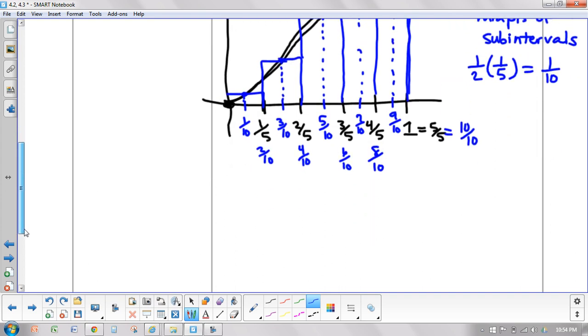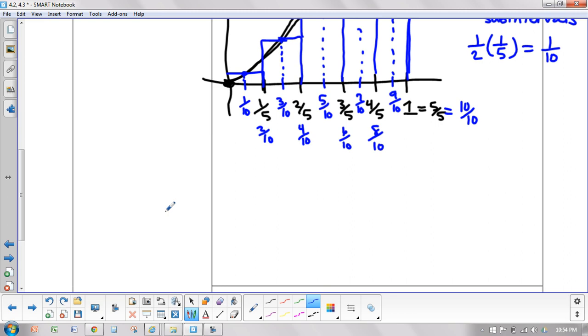So I have 5 rectangles, but for the heights, instead of using the left side or the right side, I use the midpoint. So the midpoint sum would be, each of them have a width of 1/5. So 1/5 wide times f of 1/10 for the first one, plus 1/5 wide, and for the second one, I used f of 3/10.